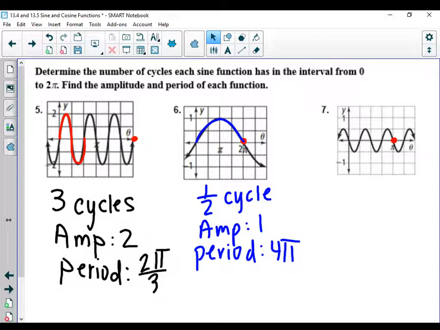And then lastly, if I have this right here, so if it takes me 2 of these to get to just pi, how many is it going to take to get to 2 pi? 4.